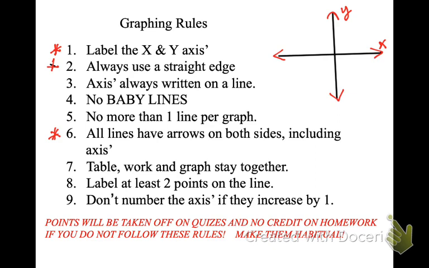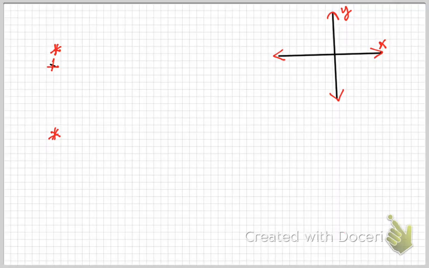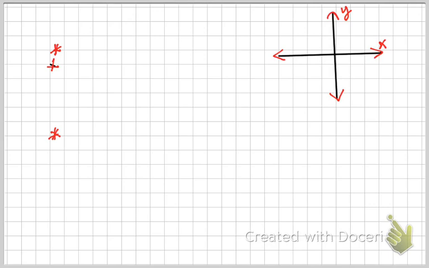Now, when you make a graph, I don't want you to make the graph like you see it now.